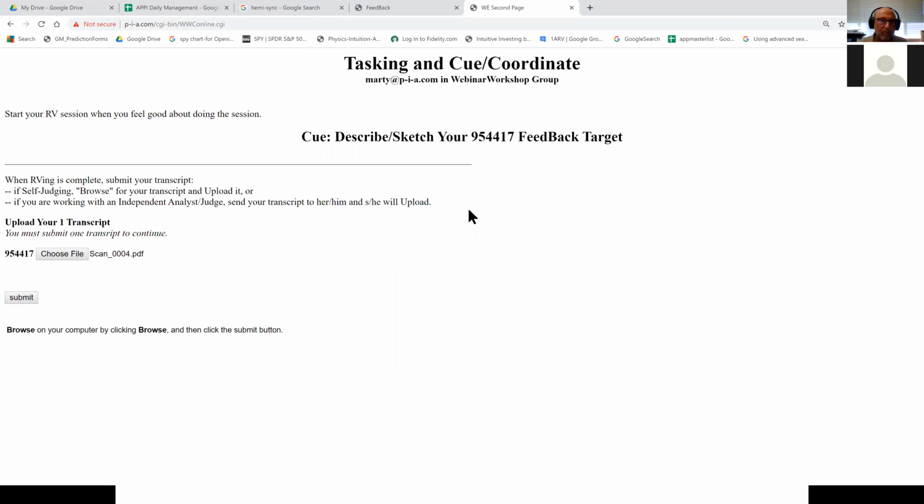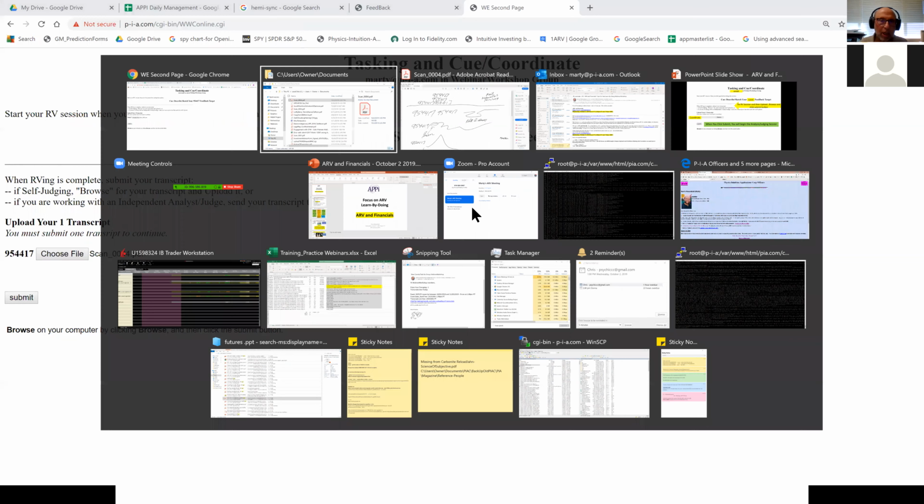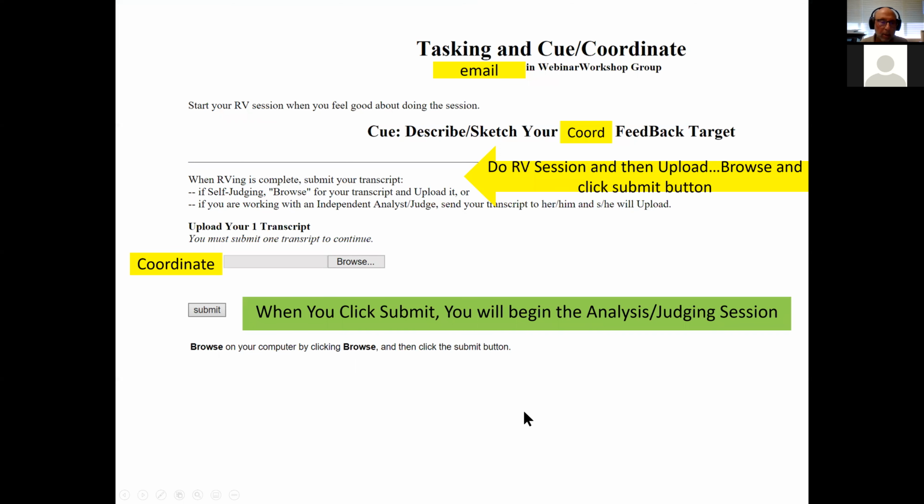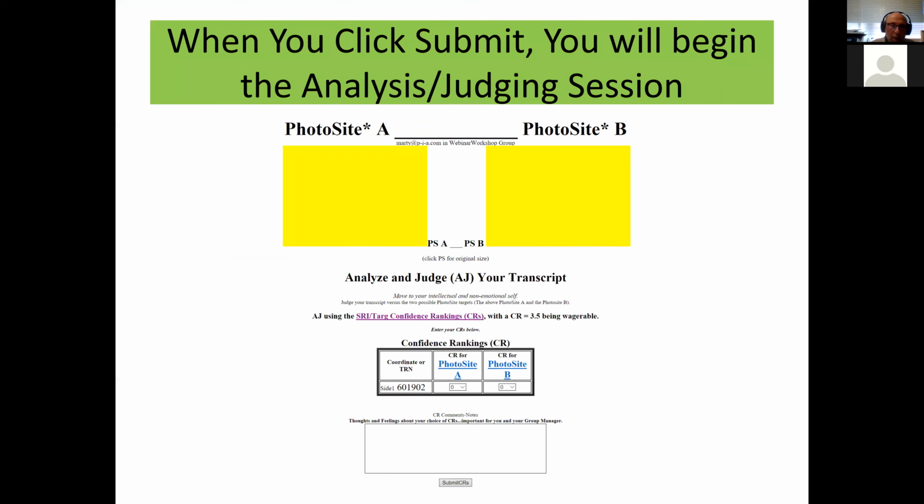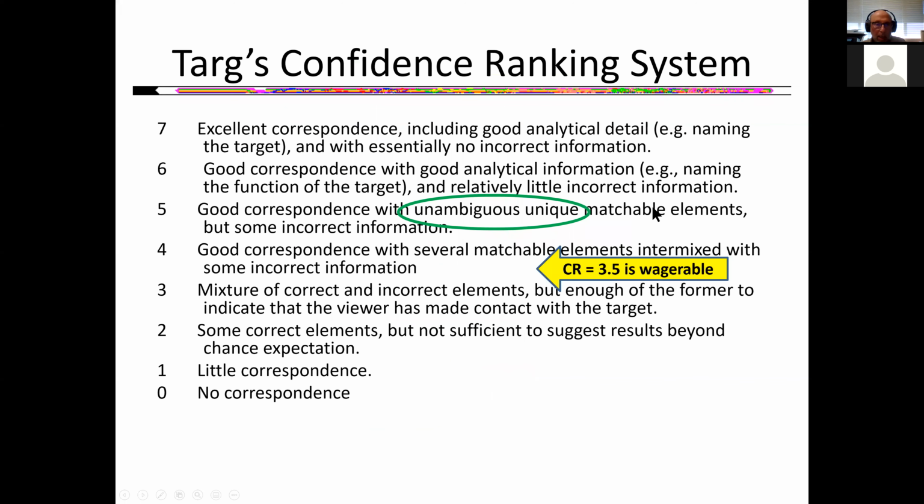Now, when you finish judging, let me get back here. You do your analysis judging, and remember, you'll first get this big picture and judge against that, and then you'll get the other one, and then you'll get this page.